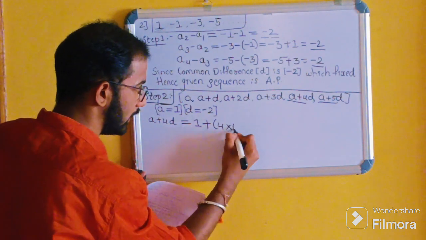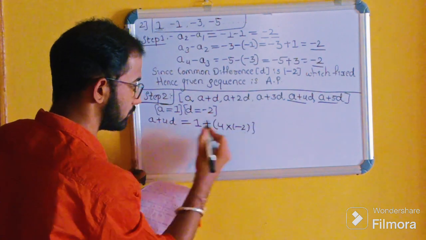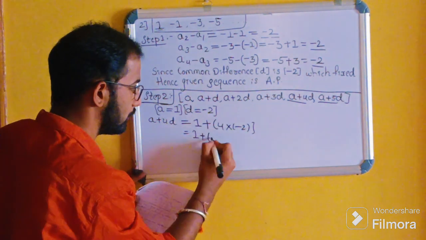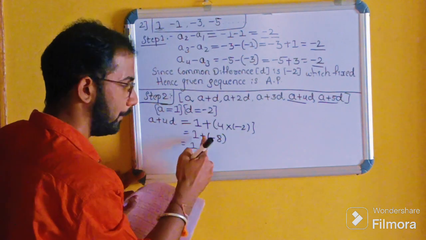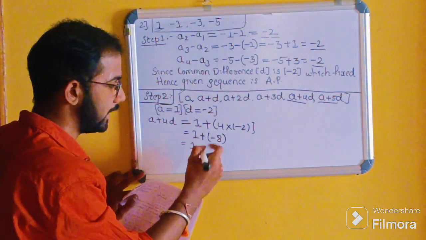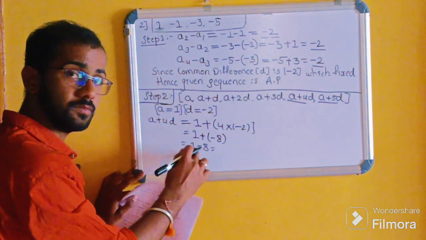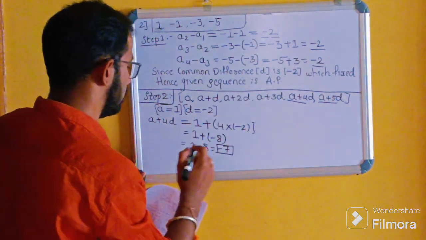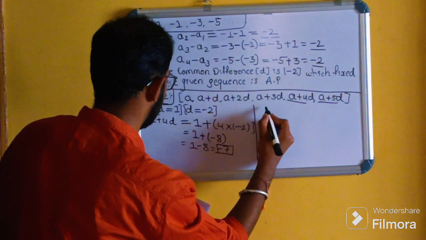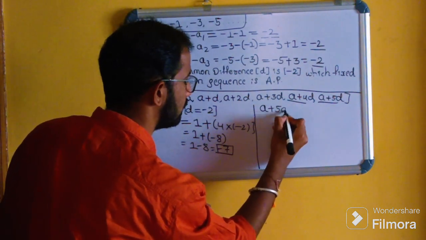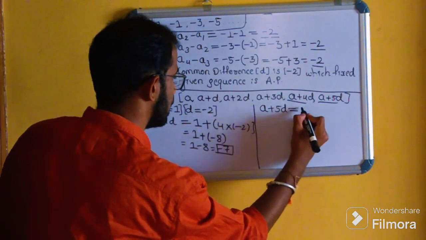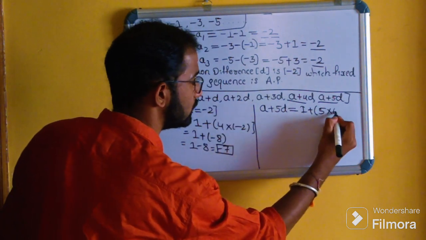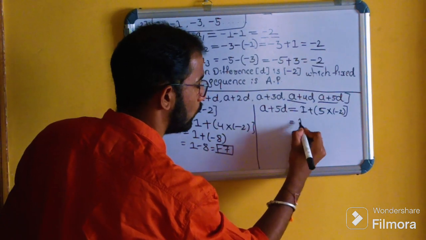Now let's see the last term, that is a plus 5d. a is 1 plus 5 into d, which is -2. 5 twos are 10, so it is -10. 1 minus 10 is -9. So a plus 4d is -7 and a plus 5d is -9.